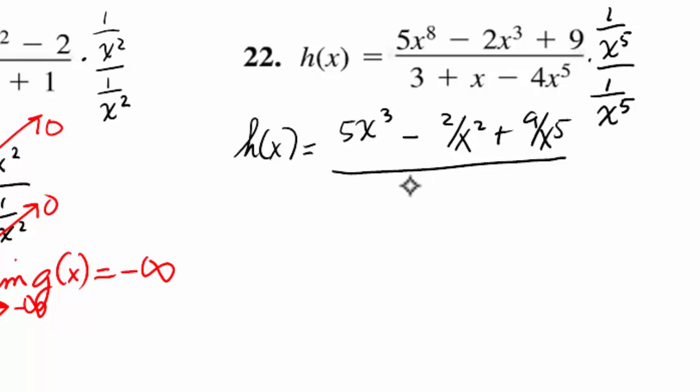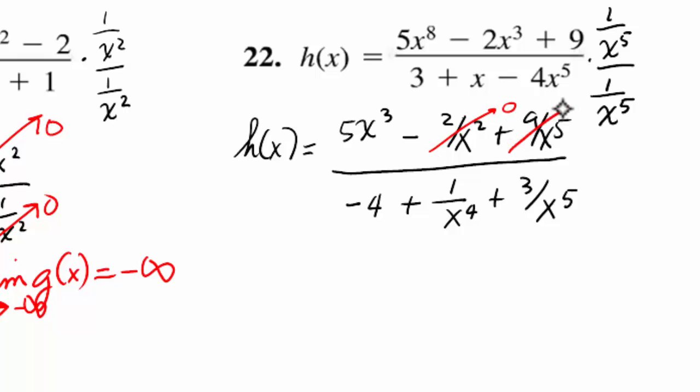The whole thing will be divided by, let me rearrange these terms so that the leading term comes out first. So you get negative 4, then plus 1 over x to the 4th when x is divided by x to the 5th, and then plus 3 over x to the 5th. As in number 20, this goes to 0, that goes to 0, this goes to 0, that goes to 0.